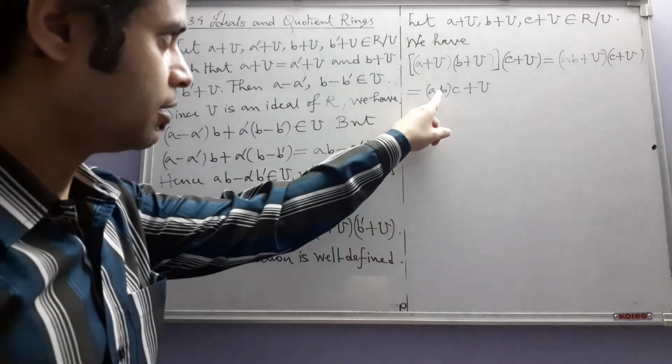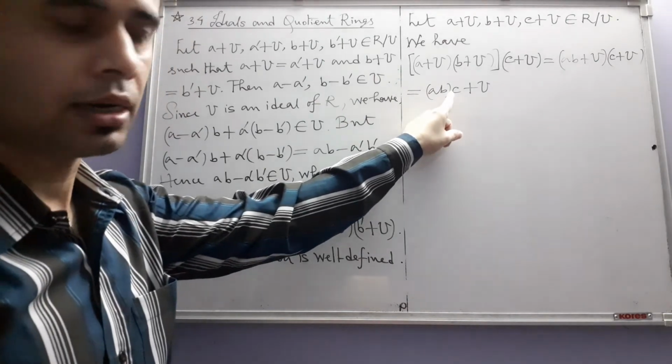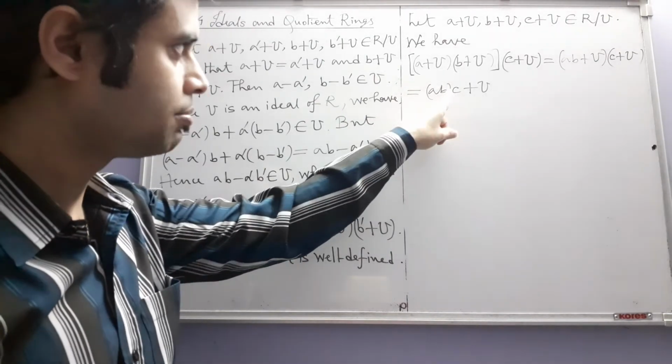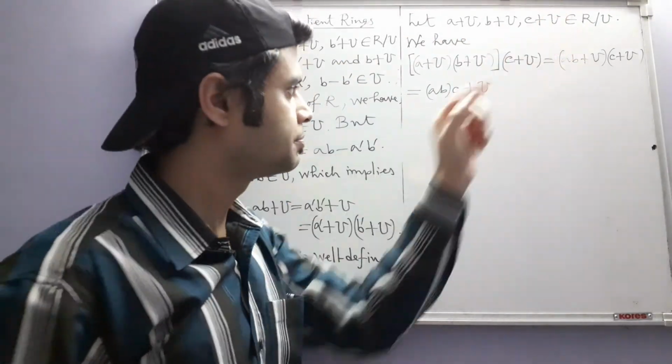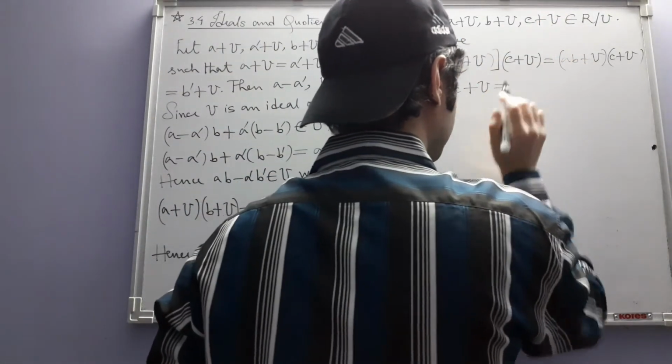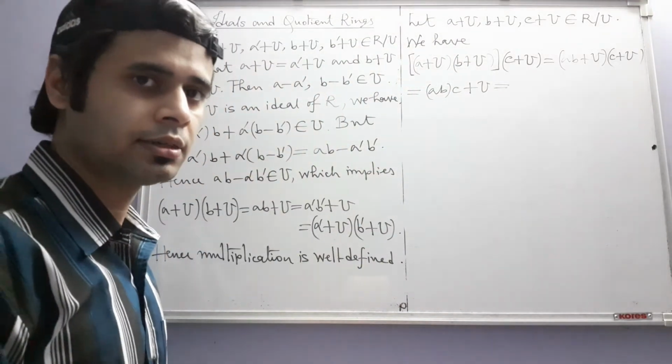Note that the product we see here is the multiplication in the ring R, and we know that multiplication is associative because it's a ring multiplication.